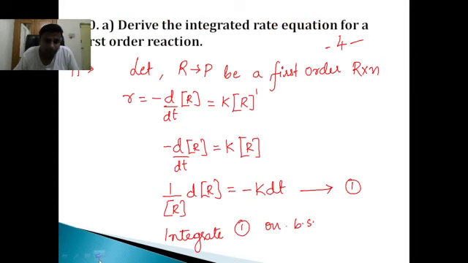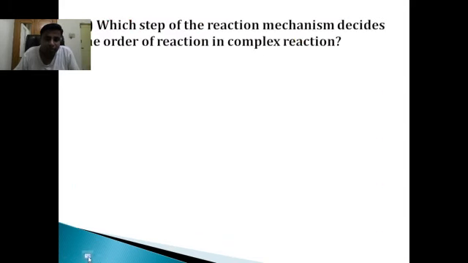Next question, a sub question from the same chapter, that is chemical kinetics. Which step of the reaction mechanism decides the order of the reaction? Very simple question. We know a complex reaction takes place in one or more steps, out of which some steps are slow and some steps are fast.